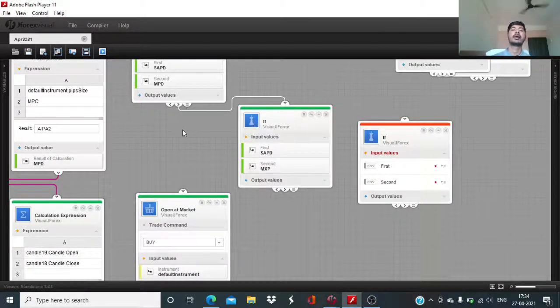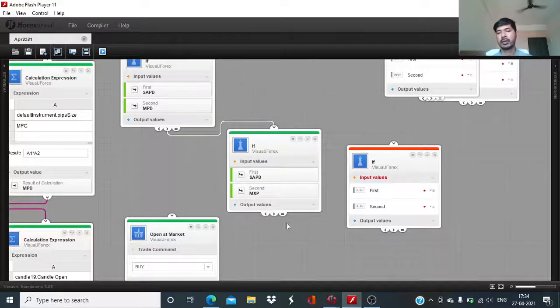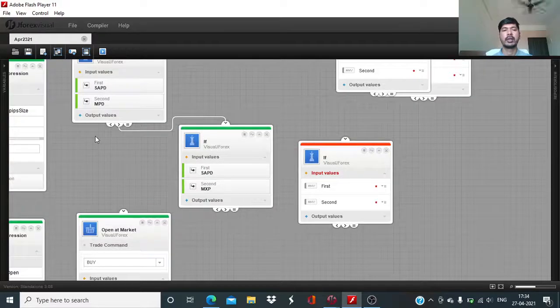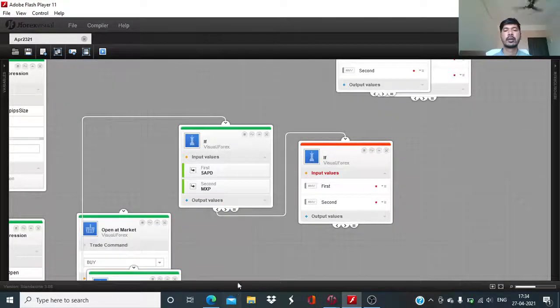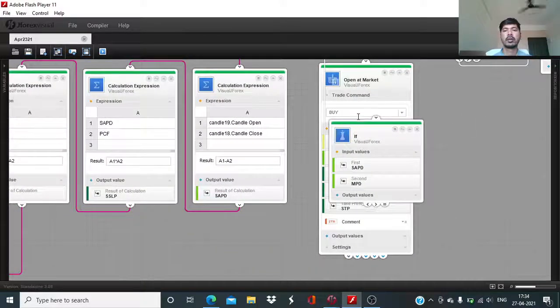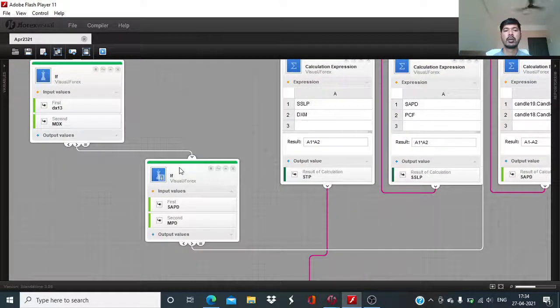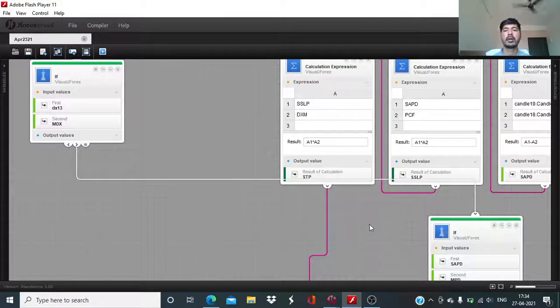MXP is 45, MPD is 15 pips, and this actual price difference should be within this price band. First input less than second input. Okay.